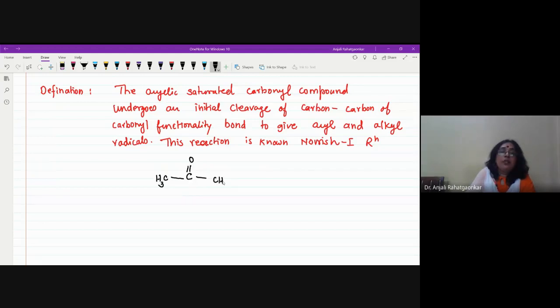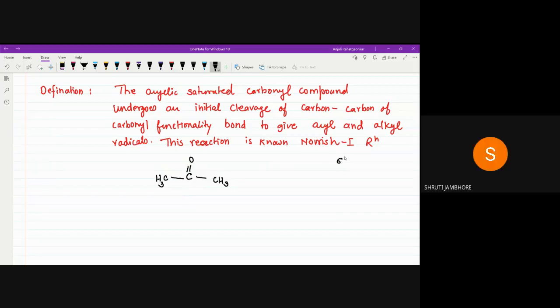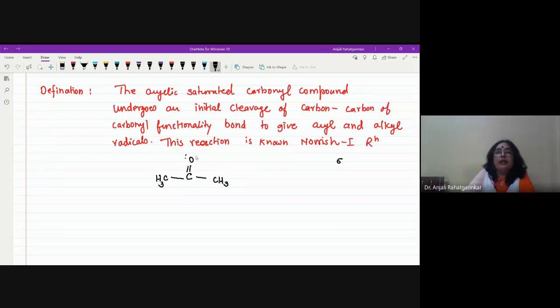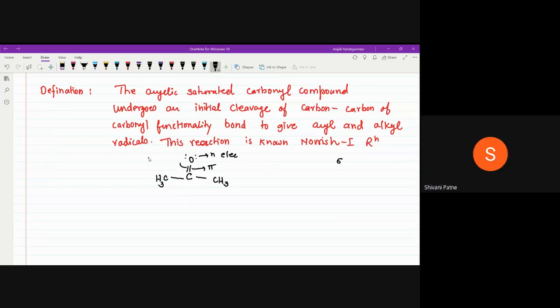Why have we chosen this substrate, that is a carbonyl compound? In transitions, how many types of transitions have we seen? We have n electrons, pi electrons, and sigma electrons.